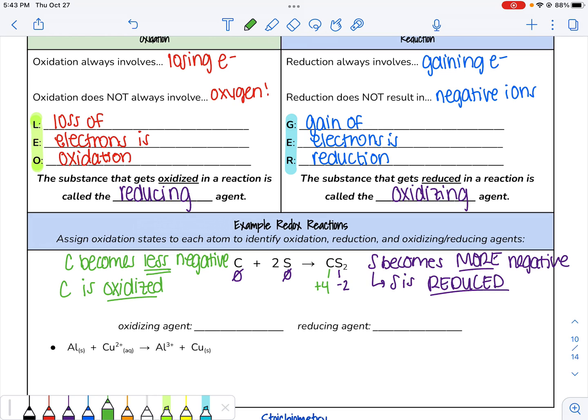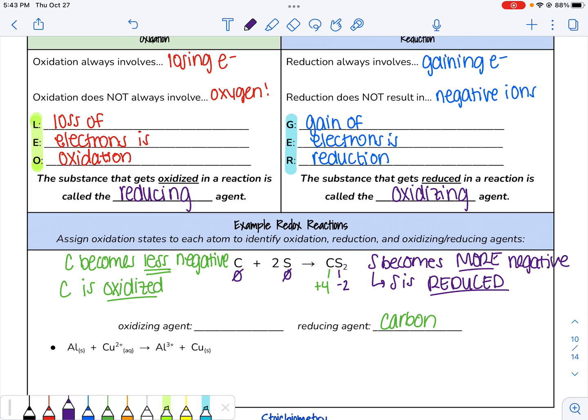Why do we call it the reducing agent? Because as it loses electrons, it allows the other atom to gain electrons. Carbon loses its electrons to give them to sulfur, so it's allowing sulfur to become reduced. So carbon is the reducing agent because it is the agent responsible for sulfur being reduced.